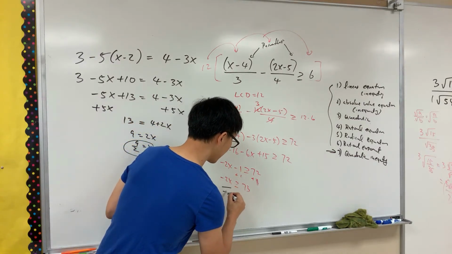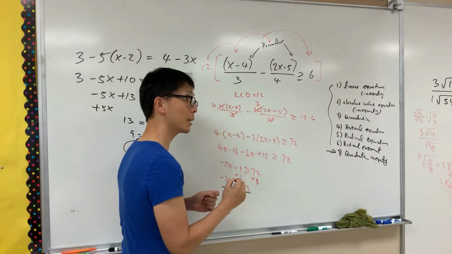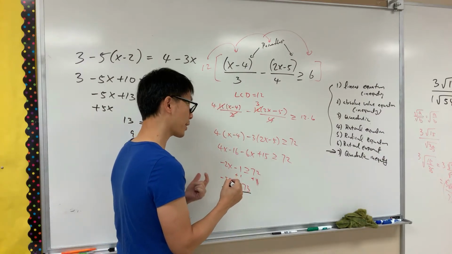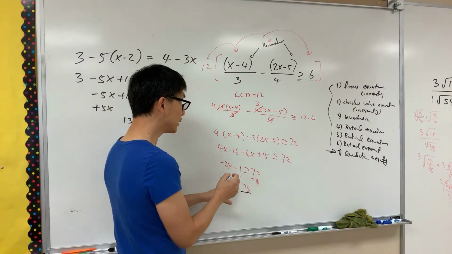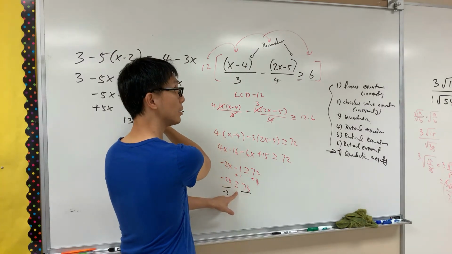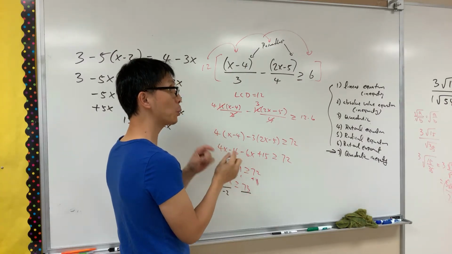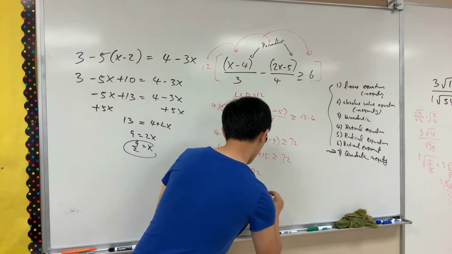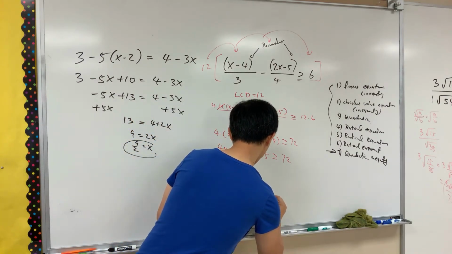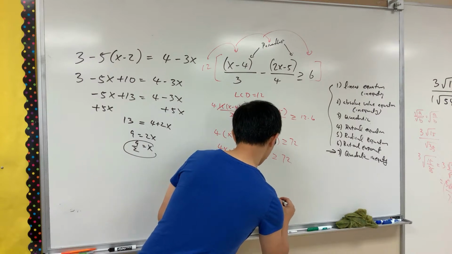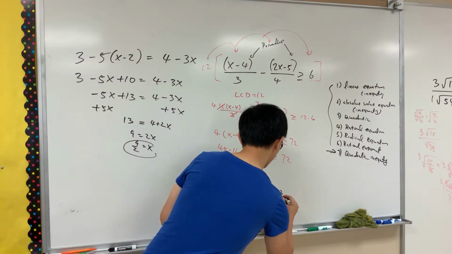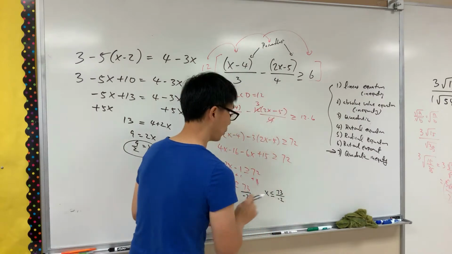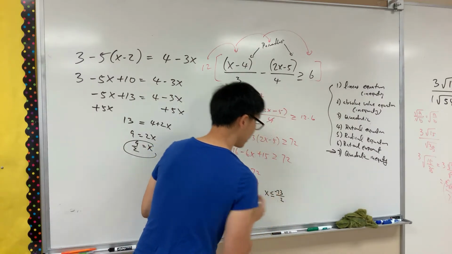If I divide or multiply by a negative, the inequality sign is going to flip. That's the only difference between this one and this one, because it will flip the sign when you divide or multiply by a negative. So if I do that, I'm going to get x less than 73 over negative 2, or negative 73 over 2.